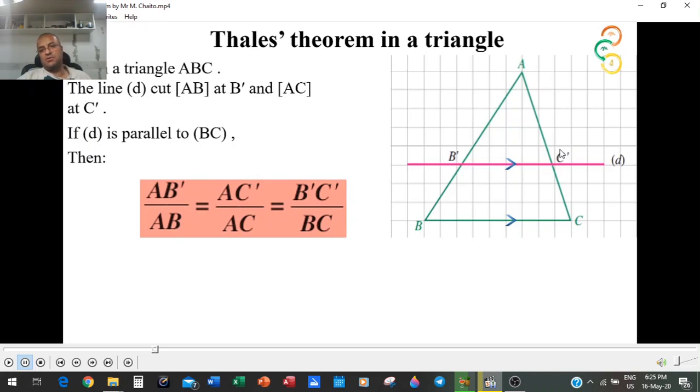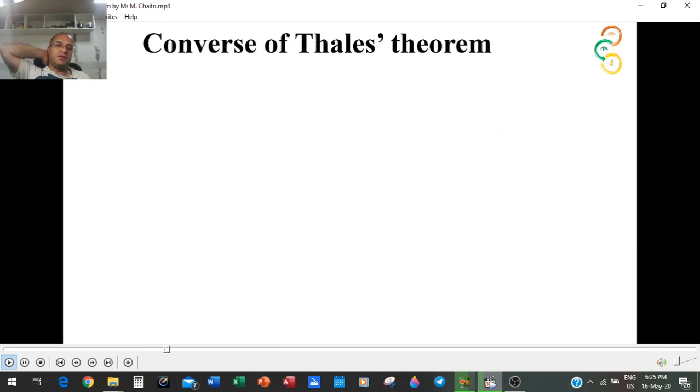That's it. It's also a derivative of Thales property. We may say also AC prime over AB prime equals C prime C over B prime B. Also, this is a derivative. Okay, and so on. Now, let's continue with our new objective, which is the converse of Thales theorem.